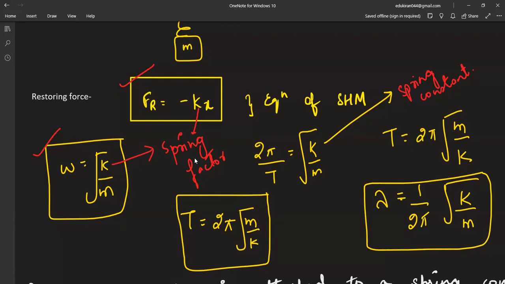For different systems, you will give it a separate name. But right now I have written it as the general equation of a system. When I'm specifically talking about the spring mass system, then I'll say this is spring constant. Okay. Understood? Yes.